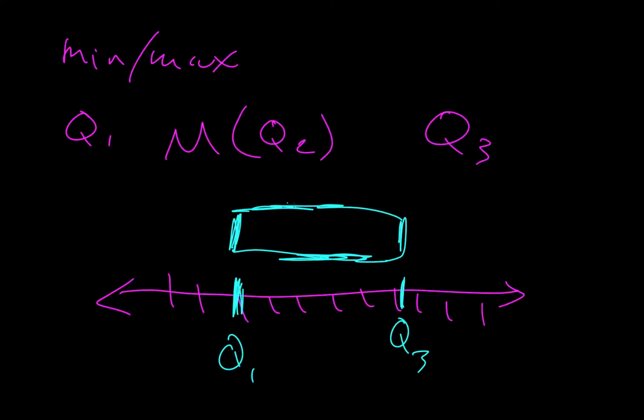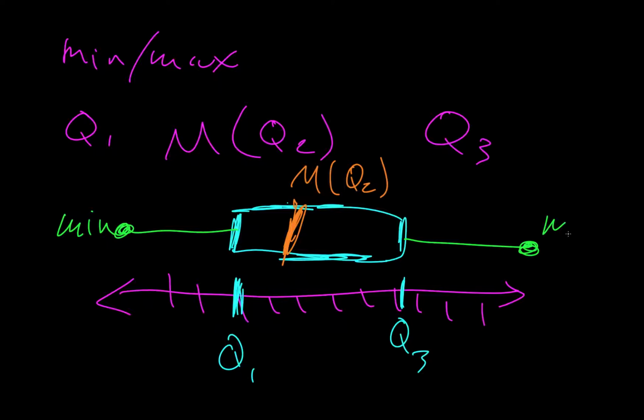We would put a line somewhere in this that represents the median, or Q2. And then we would do whiskers that go out to the min and also to the max. Okay? And so now we're just going to start with the problem.